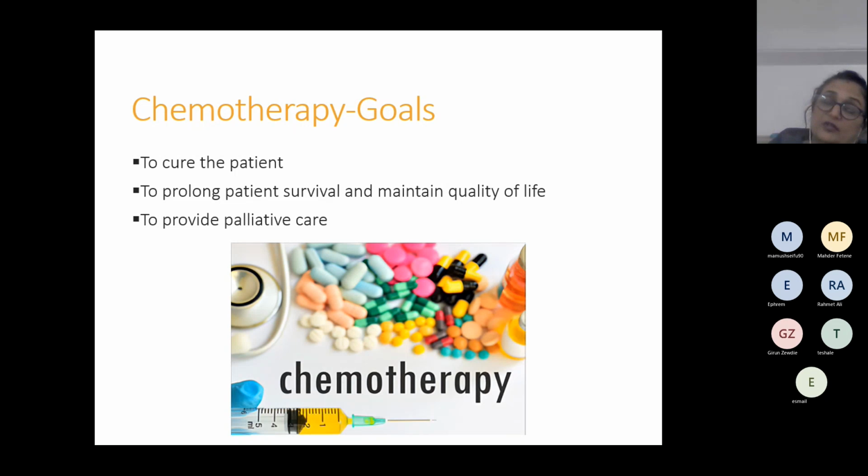See, when the patient's cure is not possible and the patient is terminally ill, nothing is working, no treatment is working. So at that time, what the doctors do, they don't give very harsh chemo or anything, but they give chemotherapy drugs in such a way that the patient is relieved of the symptoms.